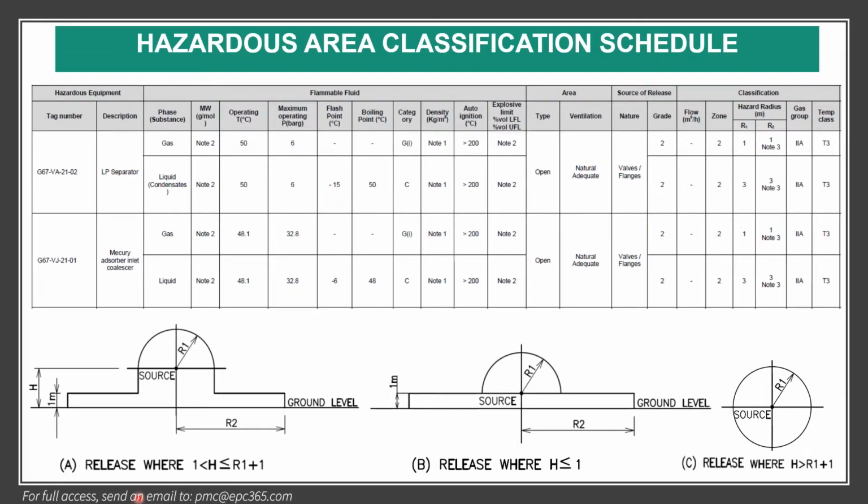We have to clearly identify, with tag number, all the equipment from the equipment list: their phase, if they are gas or liquid, their molecular weight, and if the fluid is heavier or lighter than air, and that will affect the design of the installation, the process condition, operating temperature, and maximum operating pressure.